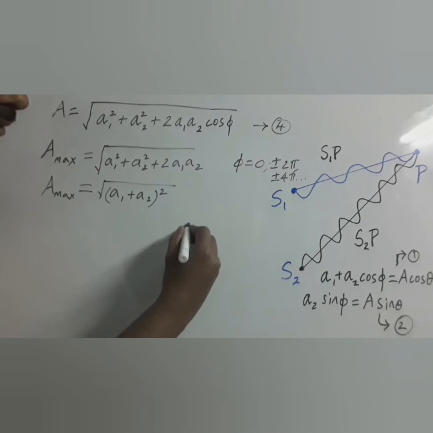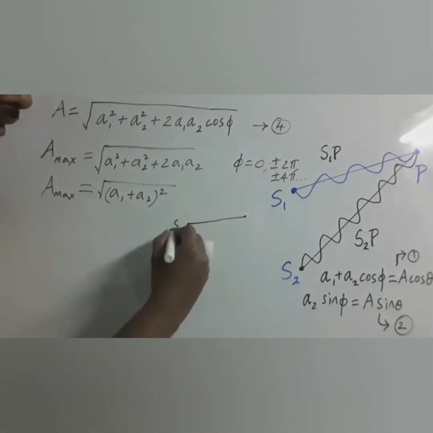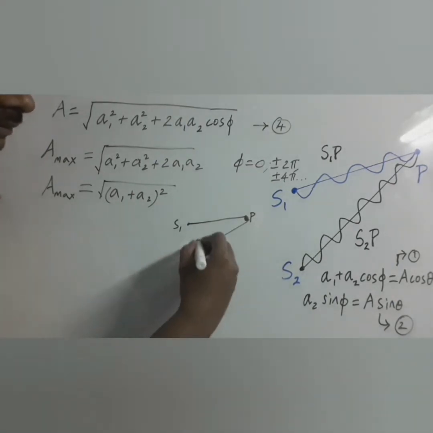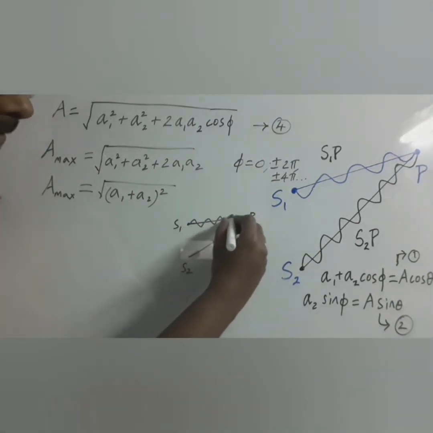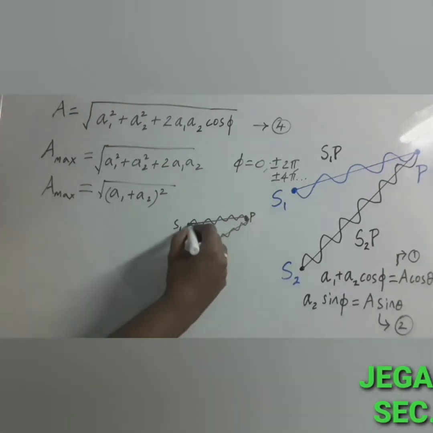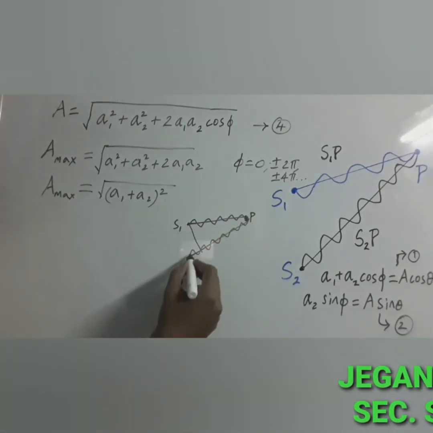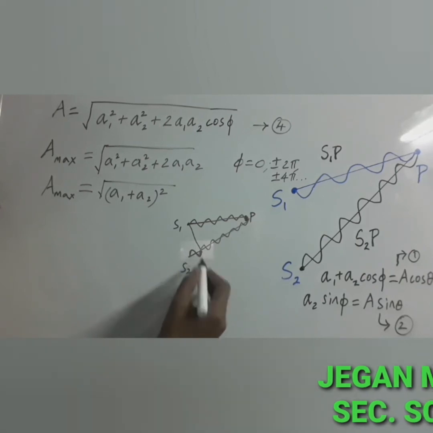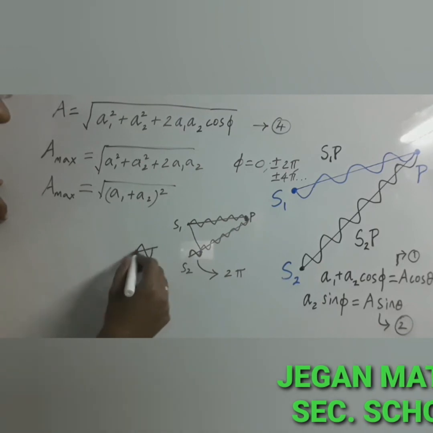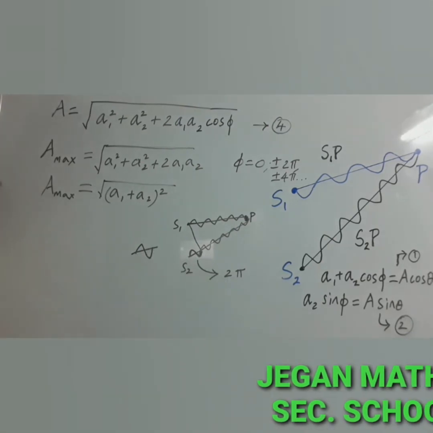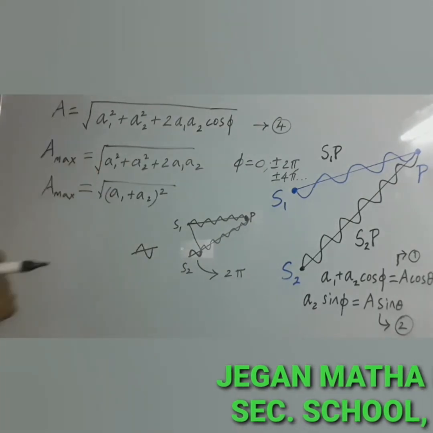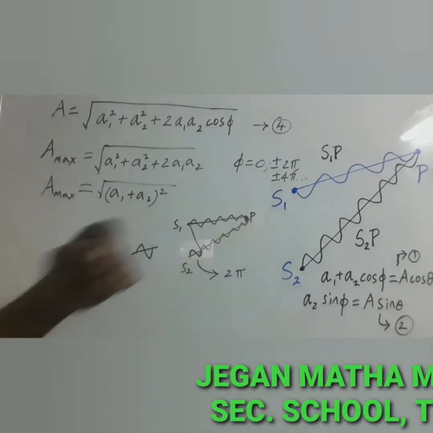Likewise, another example: S1 P and S2 P. The path difference between the two waves is one complete vibration, which is equal to 2 pi. So the phase difference is equal to 2 pi. The cos 2 pi value is also equal to 1. There also we get constructive interference.